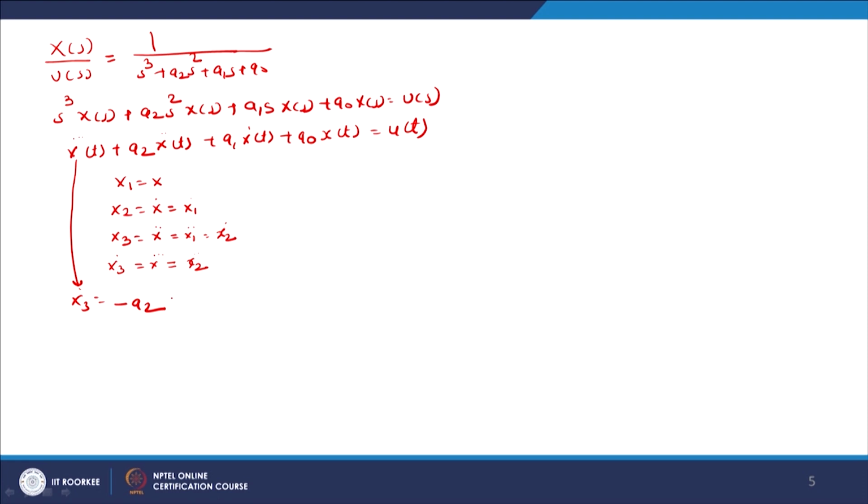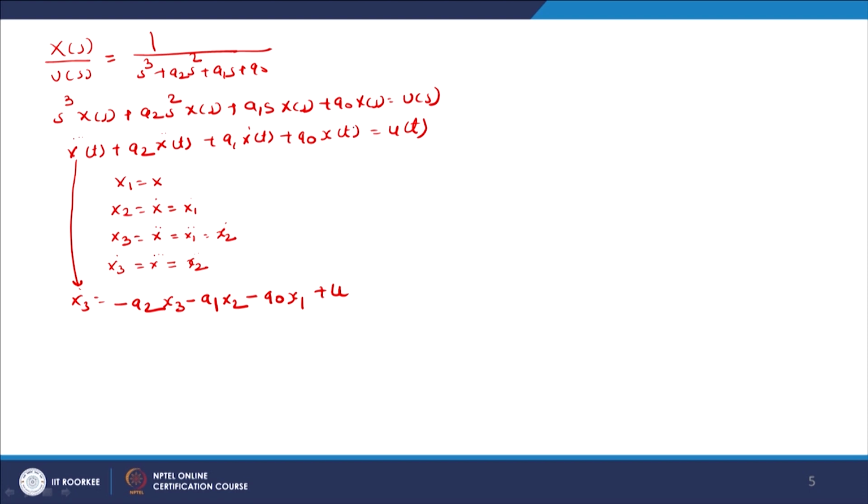X double dot is x3, so minus a2 x3, minus a1, x dot equals x2, so a1 x2, minus a0, and this is x of t, that is x1 plus u.